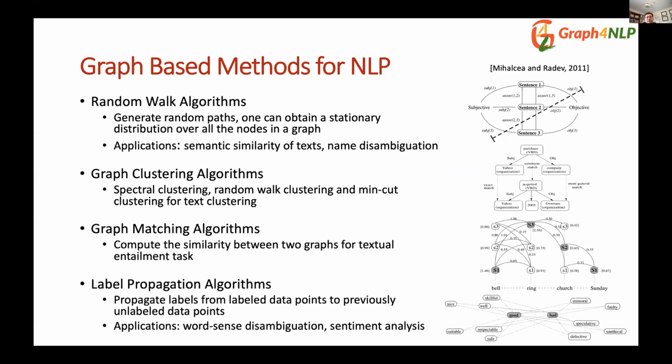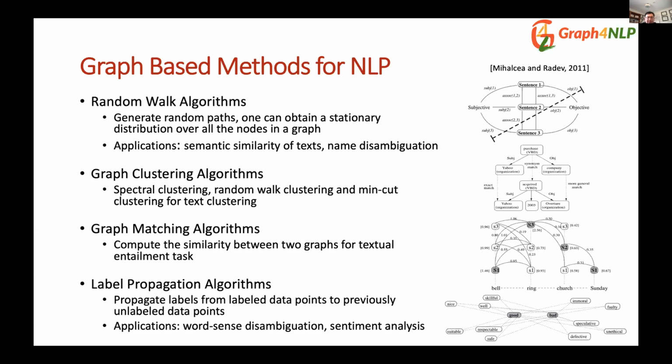People are also able to use graph clustering algorithms for the text clustering task. And if you want to deal with a textual entailment task, you are able to use graph matching algorithms to compute the similarity between two graphs that are formulated from text.